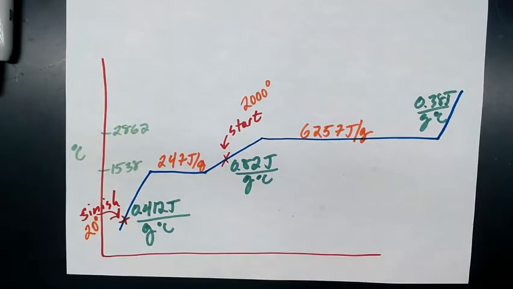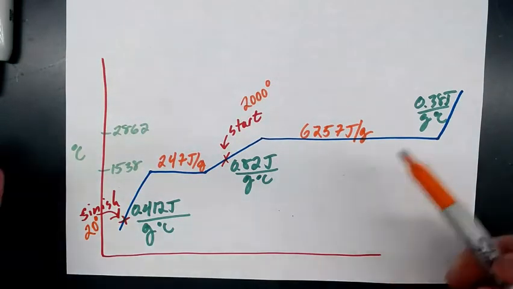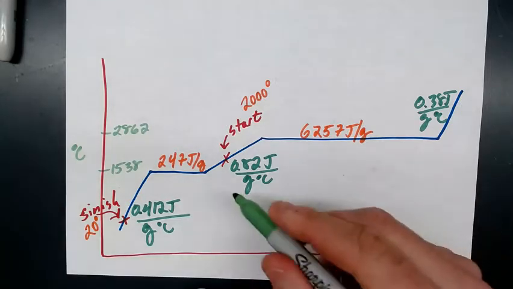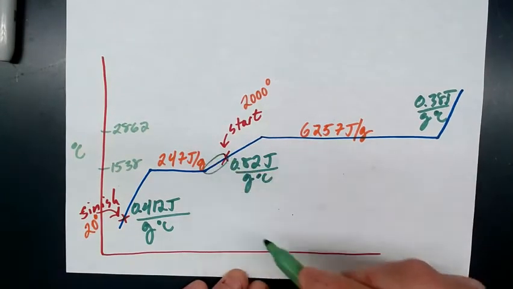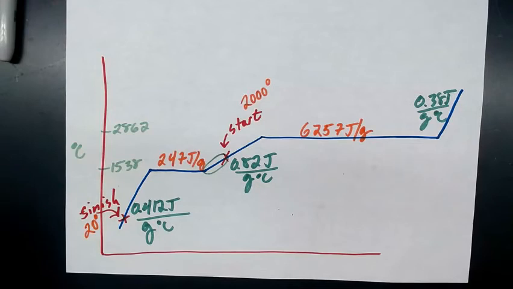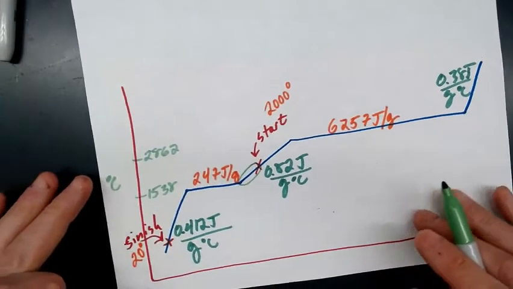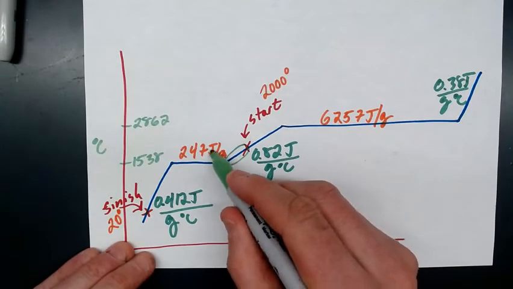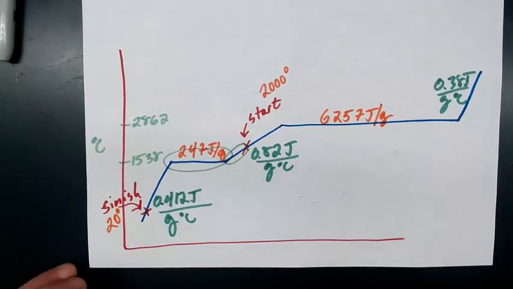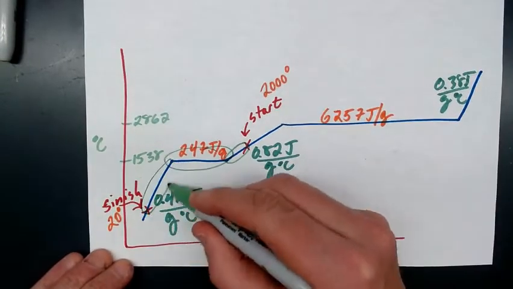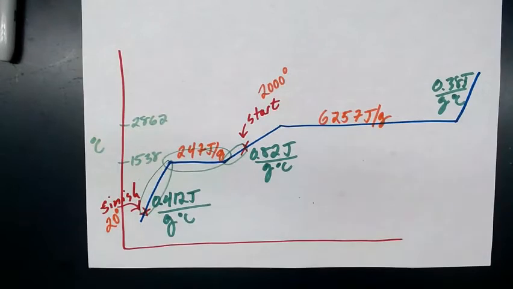So we're going to have three calculations to do: the removal of the energy to get it from 2000 down to 1538, the energy needed to take that liquid and turn it into a solid, and then finally the energy needed to get it all the way down to 20 degrees Celsius in a solid form.